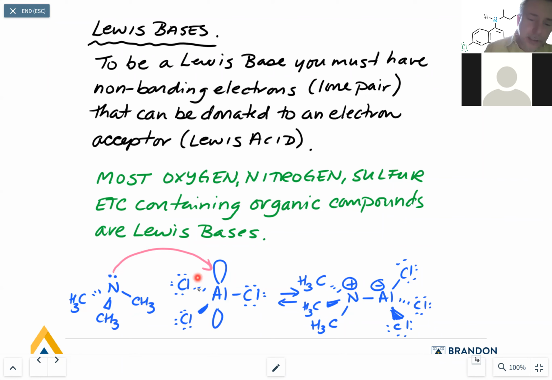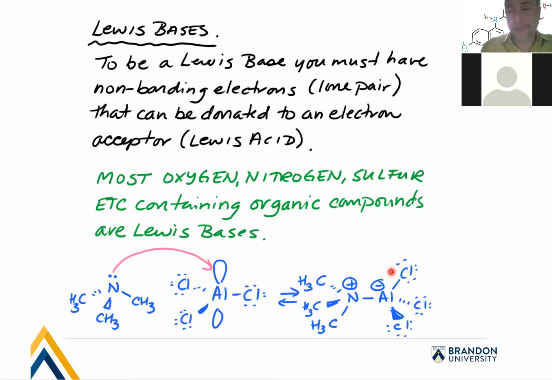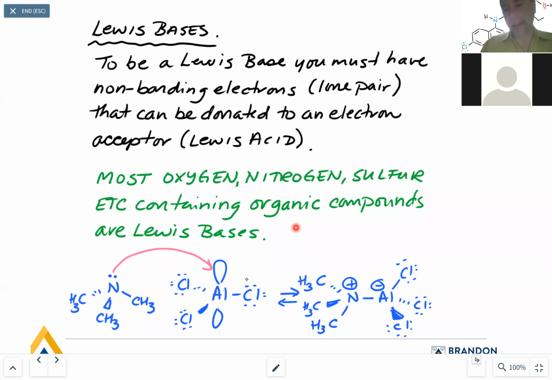It's got a lone pair, it donates that to the aluminum, and you form this bond, and now the nitrogen will have a positive charge and the aluminum will have a negative formal charge, because if we do the formal charges, aluminum used to have 3 valence electrons. Now it's got 1, 2, 3, 4 bonds. 3 minus 4 is -1. And so that's basically what's going on with these.